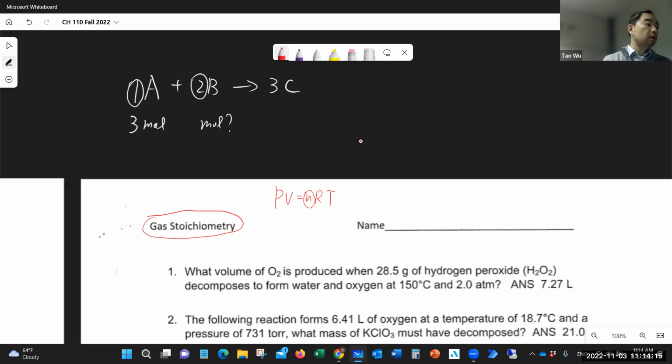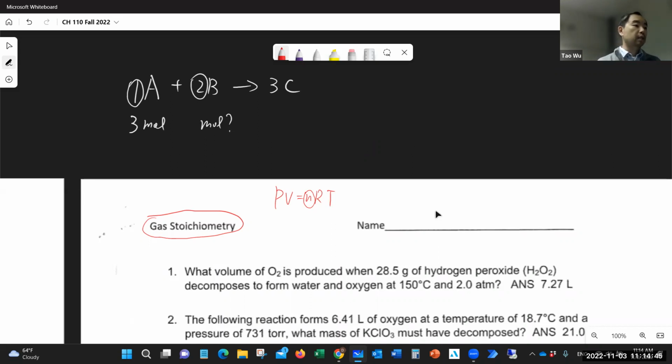This is another variation to find the moles of the reactant or the product. That makes sense, right? That is why this is called gas stoichiometry: if you want to find the moles of a gas, you have to use the ideal gas law. That's it.